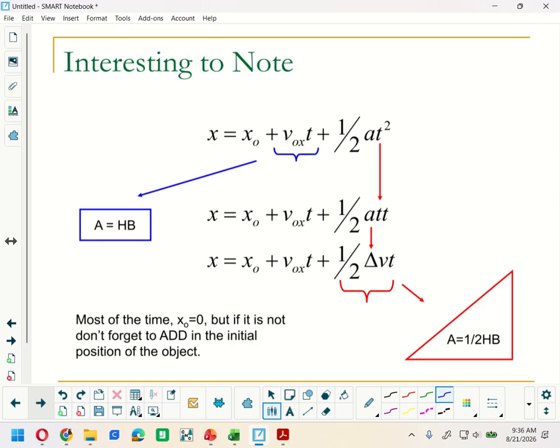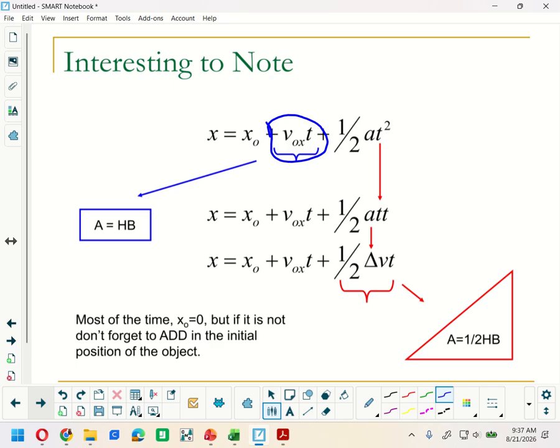And here's where it is derived from. So we have our triangle. If you notice, we have the triangle and we have the rectangle. The rectangle part is just right here, which is height times base, my initial velocity times time. Then I have over here the area of a triangle, 1/2 acceleration times time squared, which breaks down into acceleration over time.